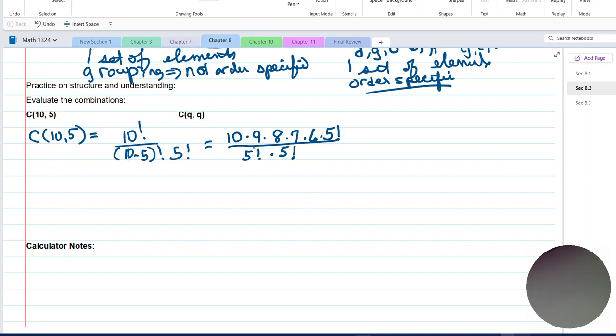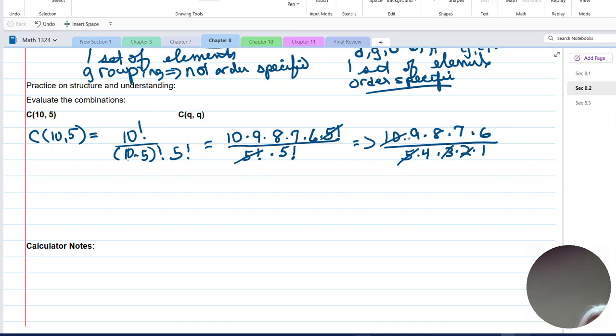So this means that I would have this cancel that, and then I would have 10 times 9 times 8 times 7 times 6 divided by 5 times 4 times 3 times 2 times 1. All right, so the 5 will go into 10, and the 2 will go into 10.